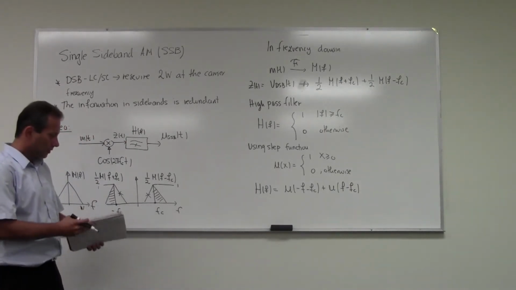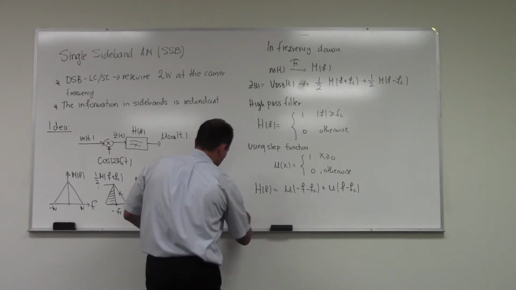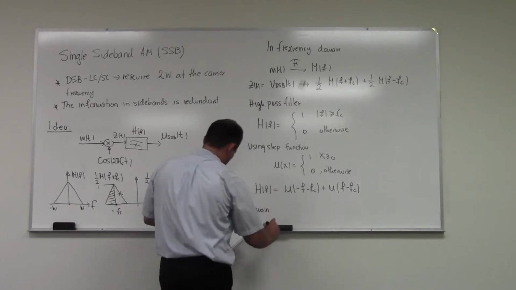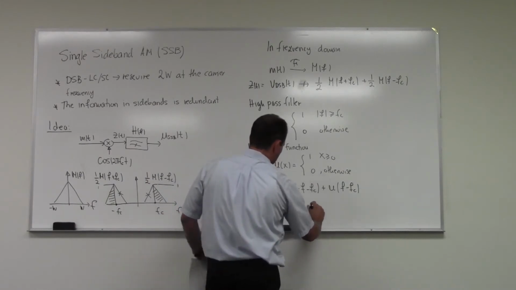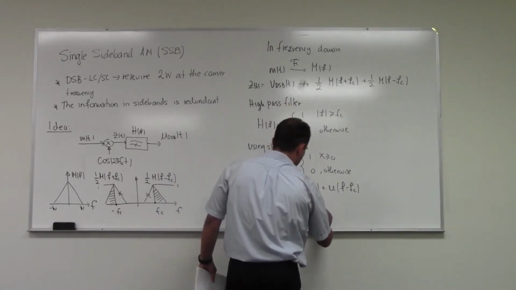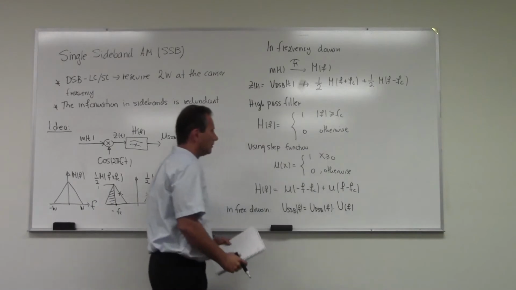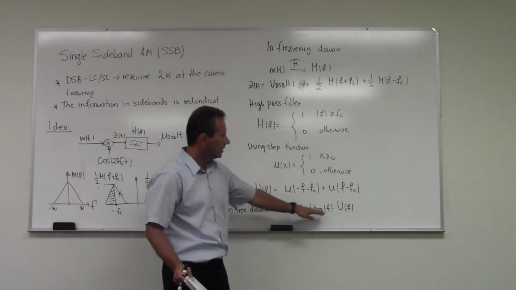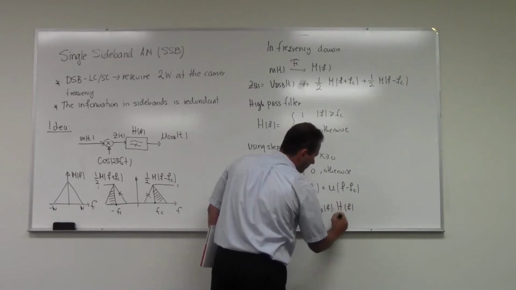So now, using all of these definitions, I can see in the frequency domain that I can write U single sideband of f as essentially this double sideband, U double sideband of f, times this u of f, right? Because filtering in the frequency domain is nothing but the multiplication of the Fourier transform of the signal and the frequency response of the filter. Of course, this is not u of f, but what? H of f. Right.